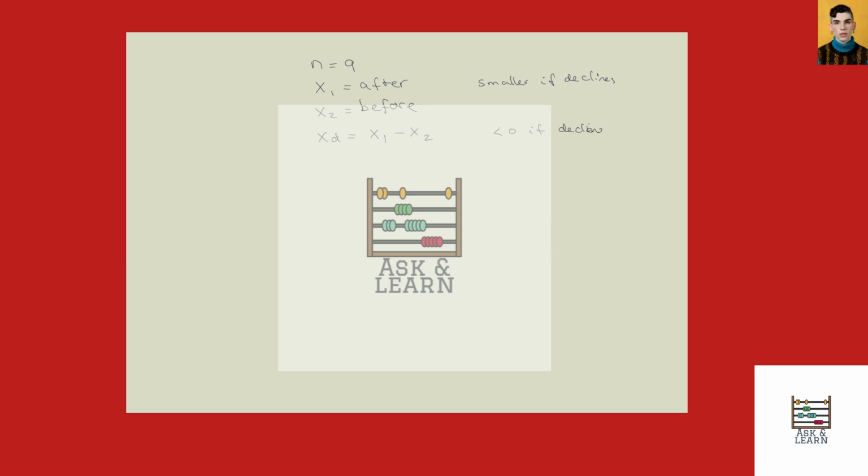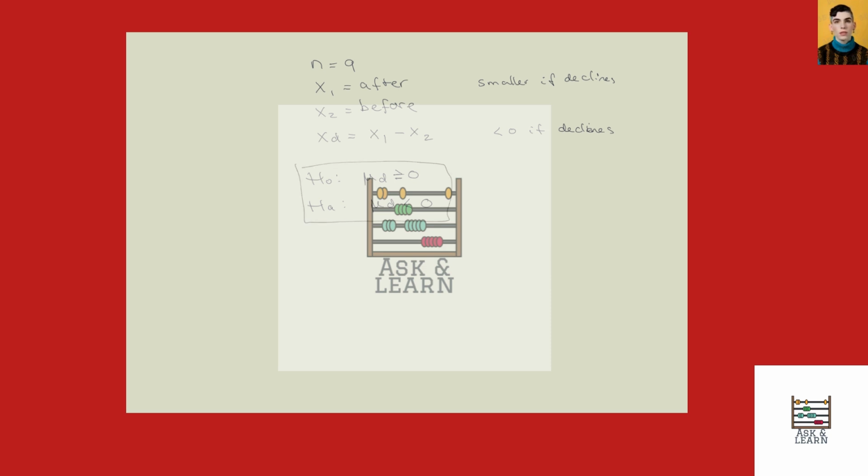So our null hypothesis is that there is no difference, so the mean difference is 0, and the alternative is we're checking if the incidence declines, so then the mean difference would be less than 0. And the null hypothesis is the opposite of that, so greater than or equal to 0.